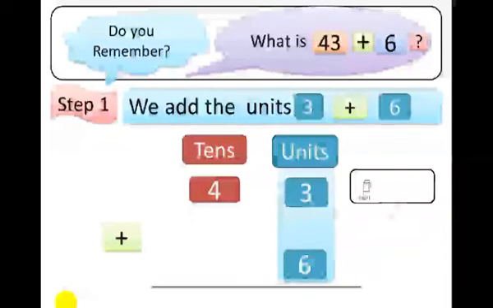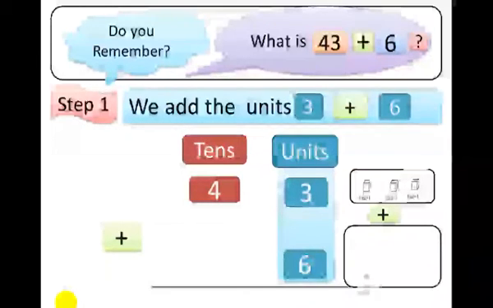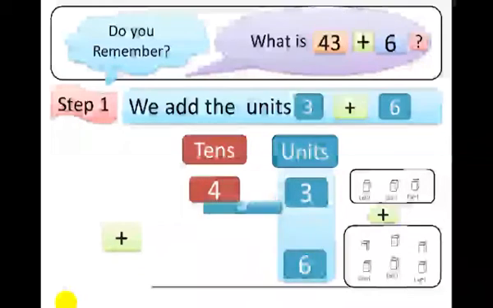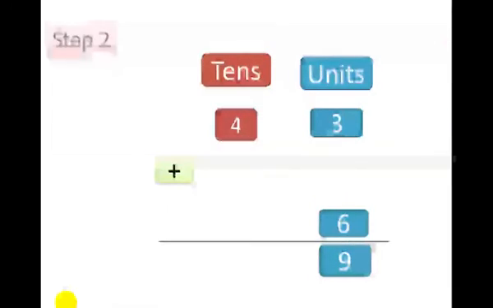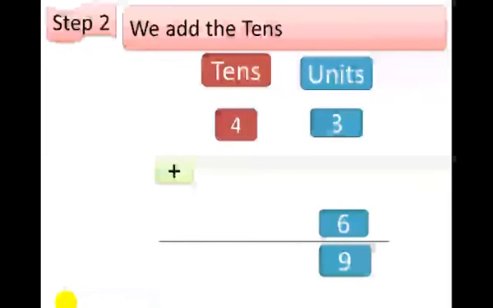1, 2, 3, 4, 5, 6, 7, 8, 9. 3 units plus 6 units equals 9 units. Next, we add the tens.